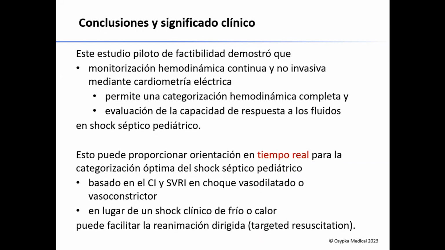And they also said it's a real-time measurement. So it's not something which takes a lot of time, and by just measuring cardiac index and systemic vascular resistance, they can titrate the medication or the volume giving much better than just based on the assessment of cold and warm shock.